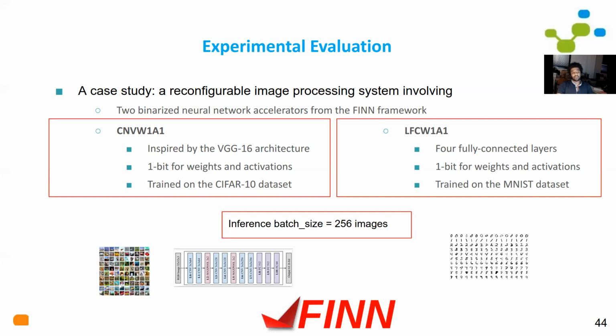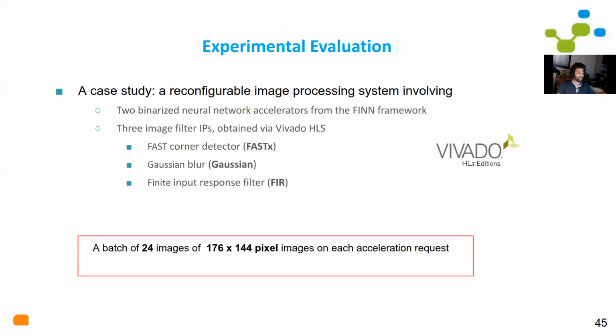The other accelerator was a fully connected neural network, which contained 4 fully connected layers, also using 1 bit for the weights and activation, but trained on the MNIST dataset. Both accelerators were operating on a batch size of 256 images, meaning in each acceleration invocation, they perform inference on 256 images. The other input hardware accelerators are filter IPs obtained from Vivado HLS.